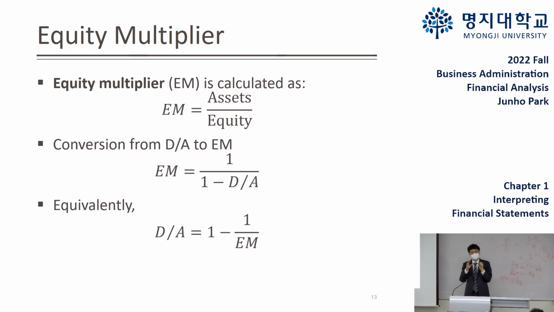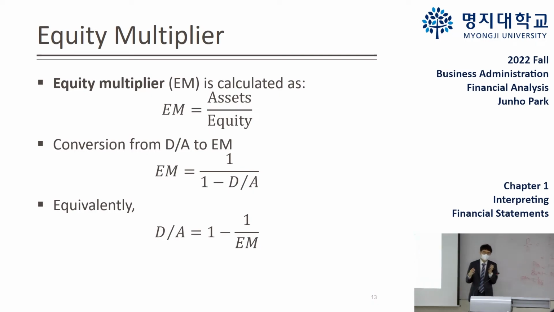You can have a high debt to asset, for example, even 0.9, which means 90% of your money is from others. But at the same time, you can have zero debt to asset, which means you are only using your own money. So it depends on your industry situation and also economic situations as well.